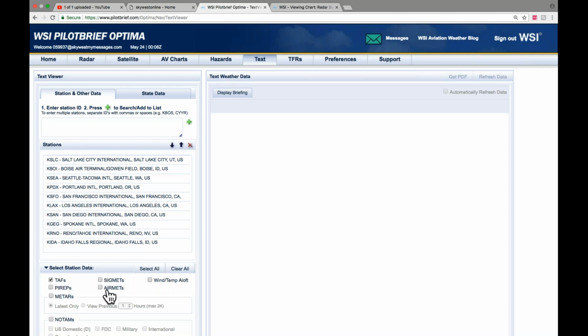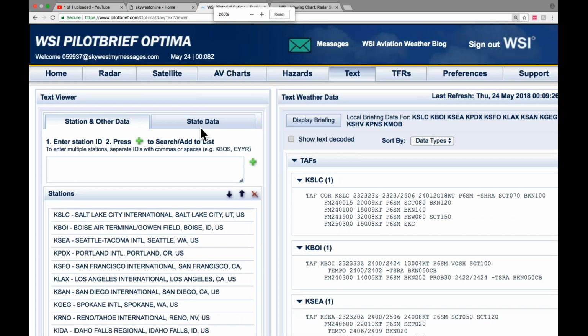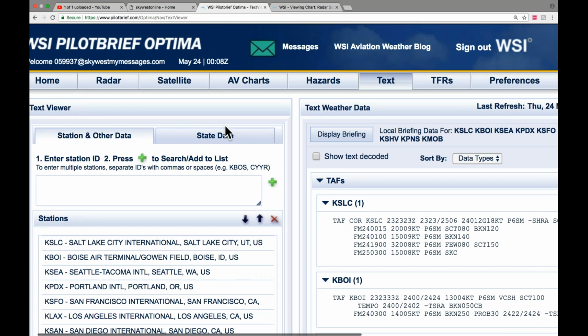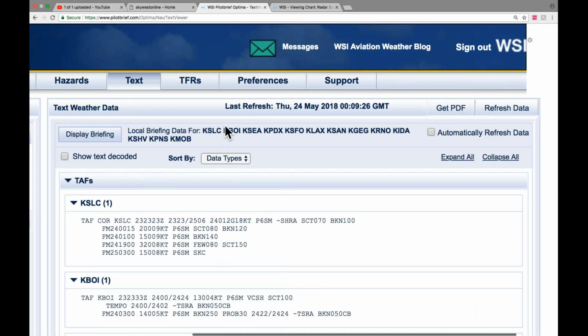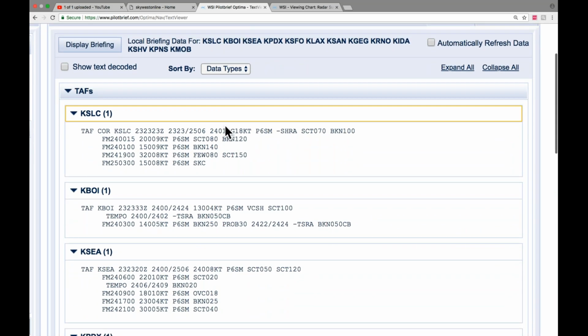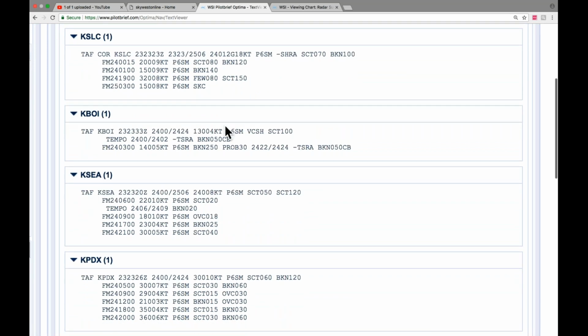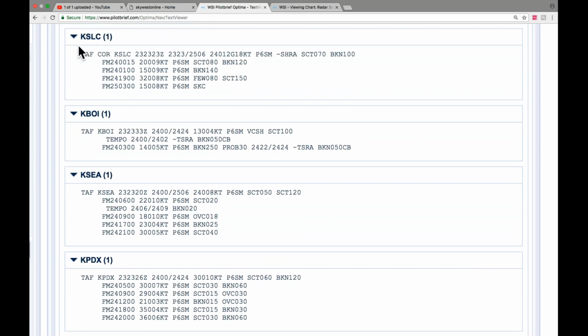All righty. Let's see. We'll just pull up TAFs for now. Do I need to zoom in? I'll type. All right. Let's see what you guys remember from METARs. Who wants to start up here?